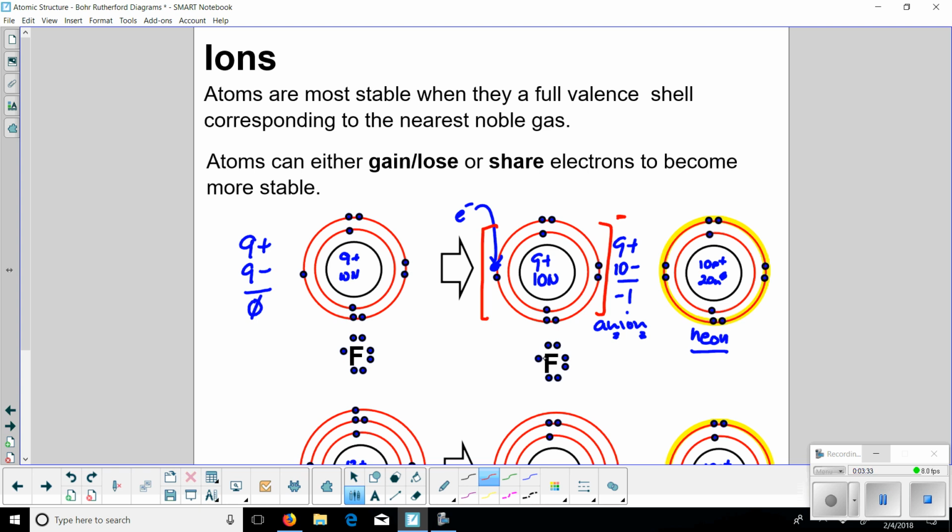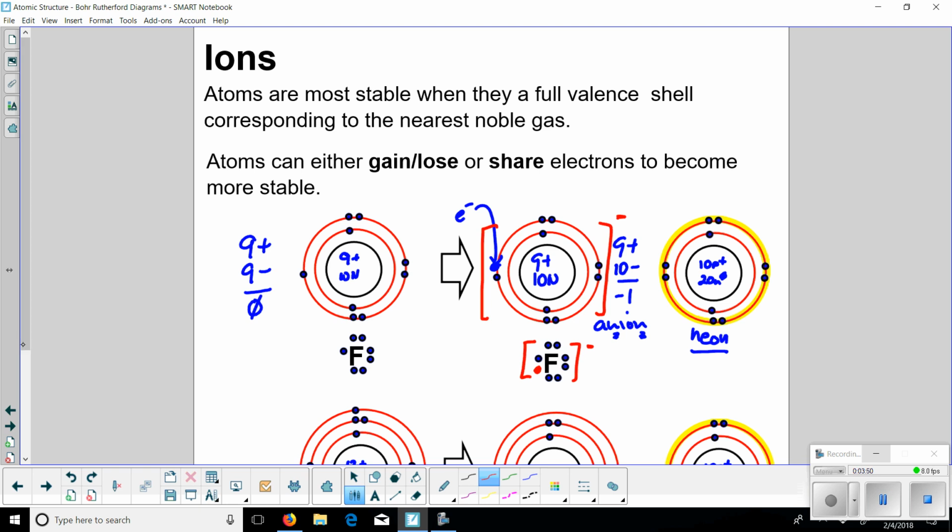Same thing's true if you draw the Lewis diagram. In the Lewis diagram, you add the extra electron. I've drawn it in red here. And because you have added the extra electron, we put a negative in square brackets around the Lewis diagram to indicate that this is an ion, an anion.